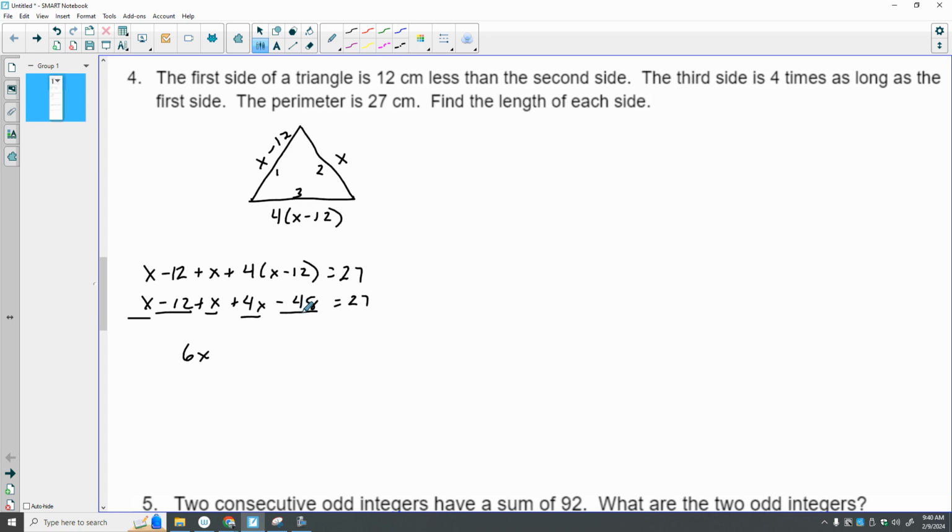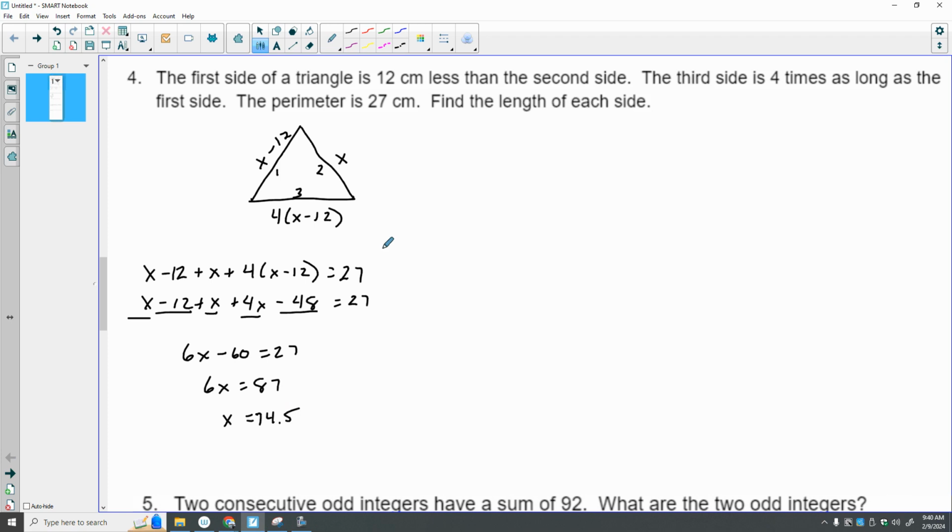A negative 48 would be a negative 60. I add 60, and I divide, and I get, what is that, 14.5? Let me grab a calculator real quick. Yeah, 14.5.